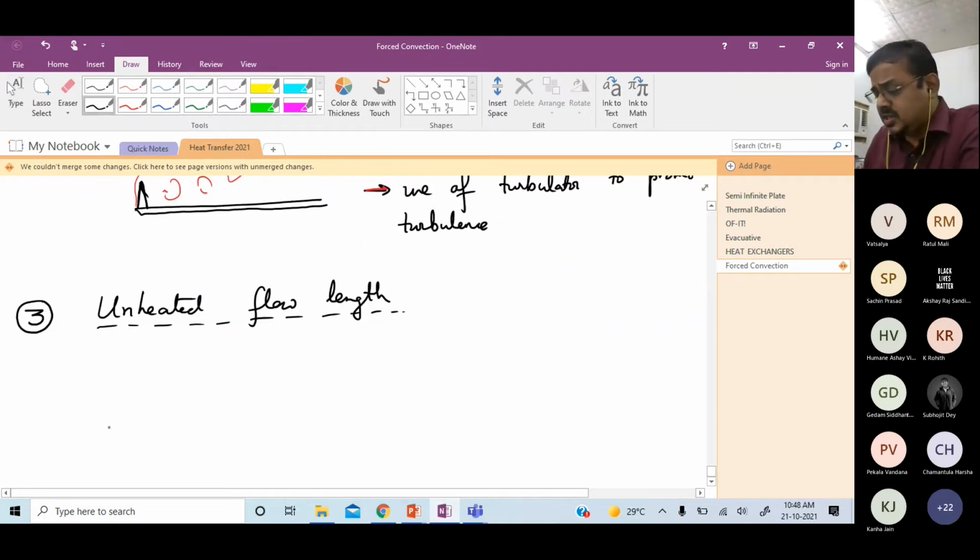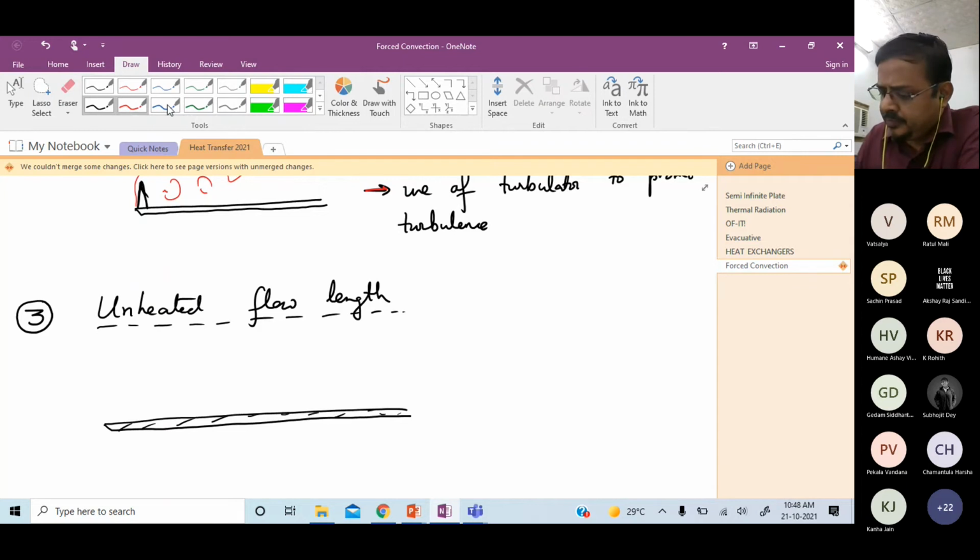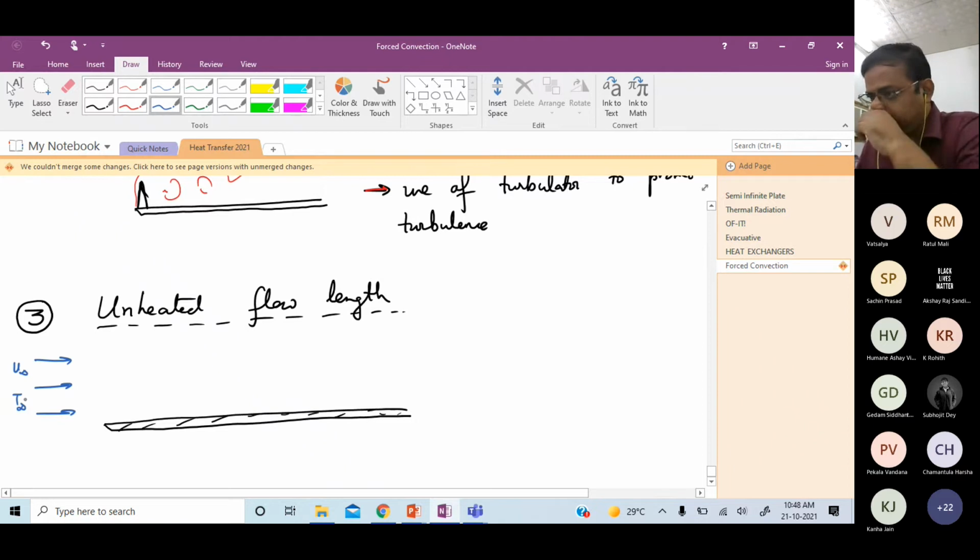It is not necessary that the plate will be heated throughout, right? Okay, this is my plate. The fluid is coming here, U infinity, T infinity.